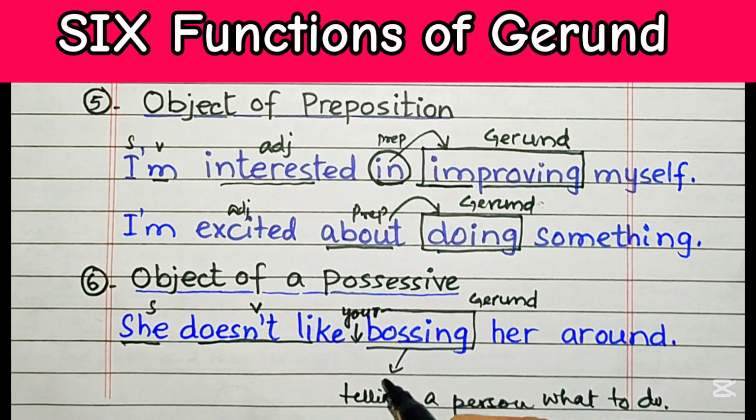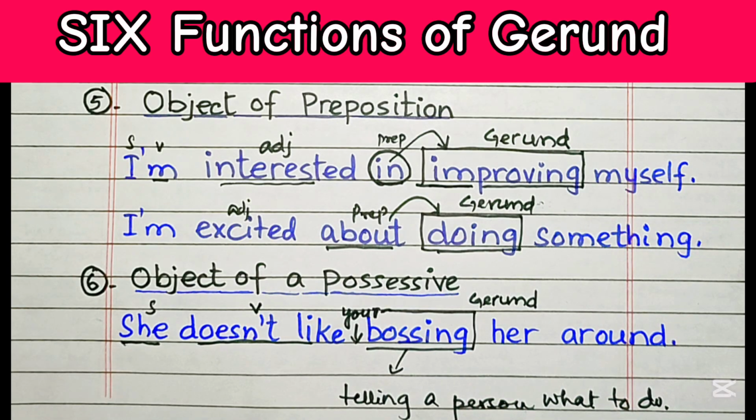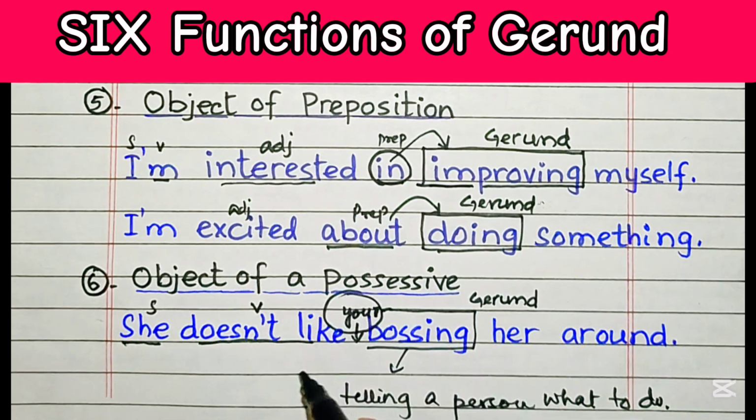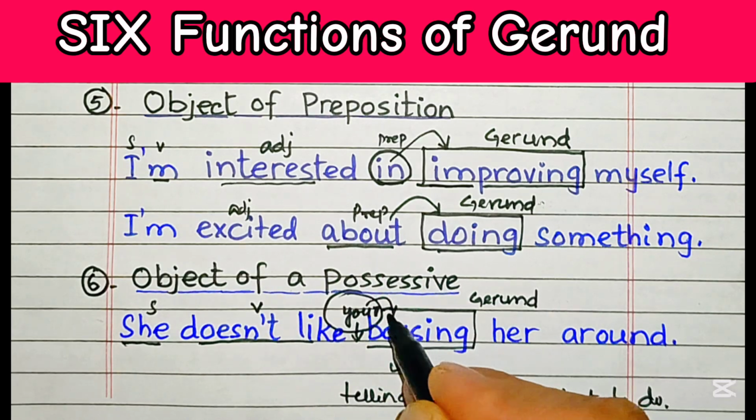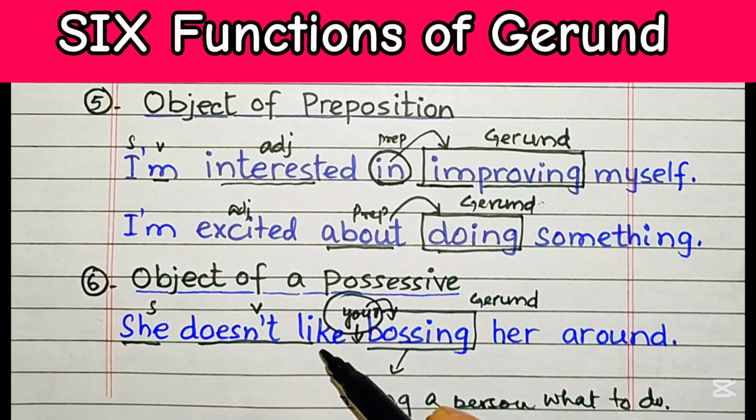So this is the meaning of the word bossing over here. Here we are using your as possessive. We know that this your is being used as possessive pronoun. So she doesn't like your bossing her around.